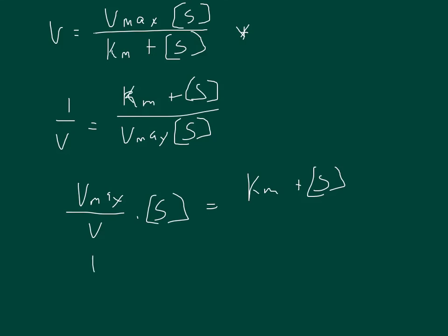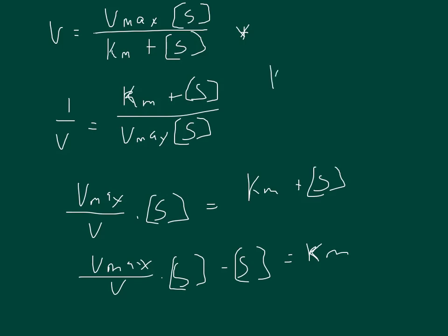So you get Vmax over V times S minus S equals Km.